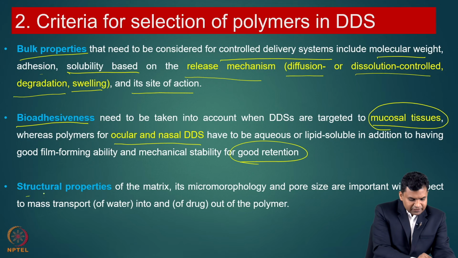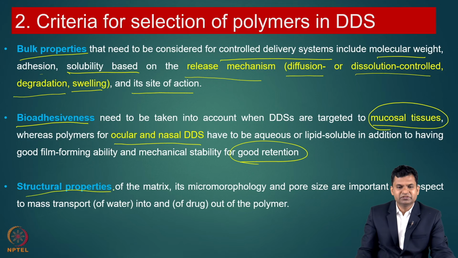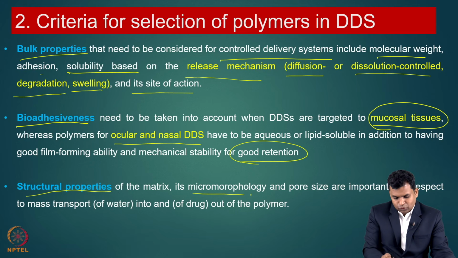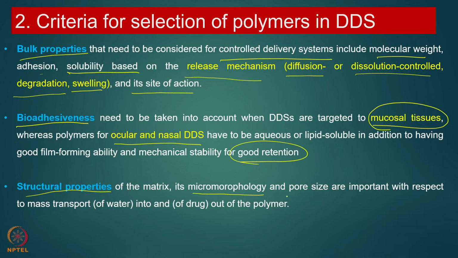Now, the third point is the structural properties of the matrix. Here, micromorphology and pore size are very important with respect to mass transfer of water into the polymers and of drugs out of the polymer.